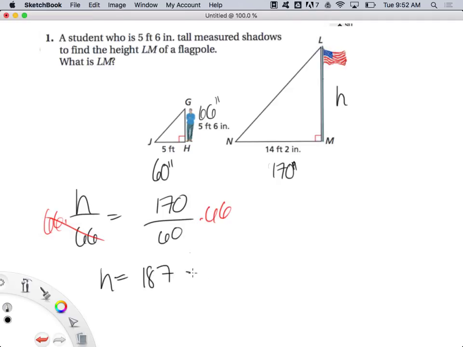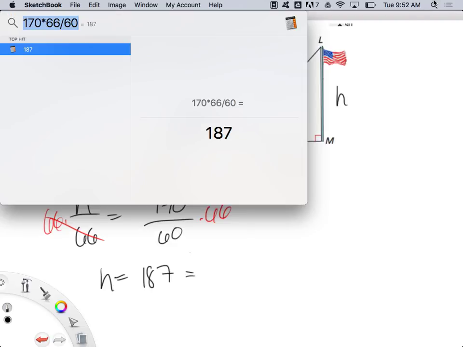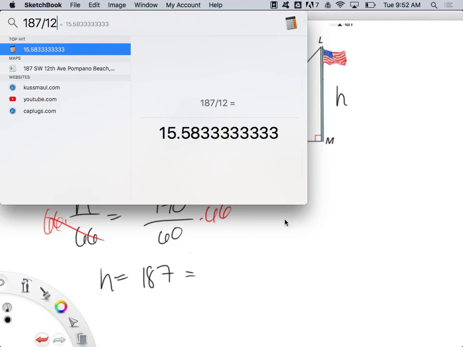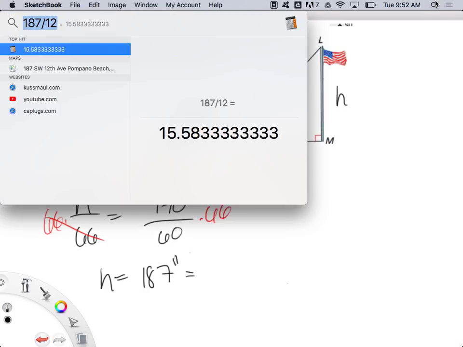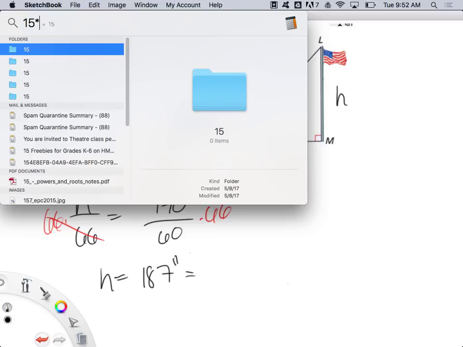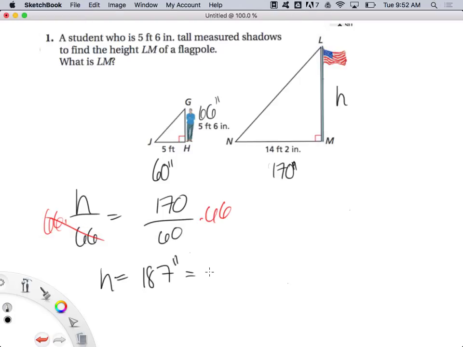Okay, I divide by 12. 187 divided by 12 is 15.583. So it's 187 inches. 15 times 12 is 180. So it's 15 feet. And then there's 7 inches left over.